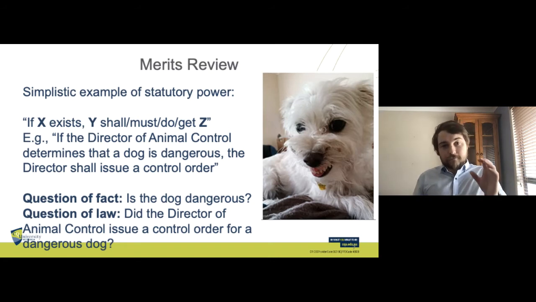Under merits review, where questions of fact are open to discussion and challenge, a merits review tribunal can look at that question of fact and say, actually, based on the evidence, we don't think this dog is actually dangerous. So that's a simplistic example of the difference between the two. Judicial review, questions of law only. Merits review, questions of fact as well.